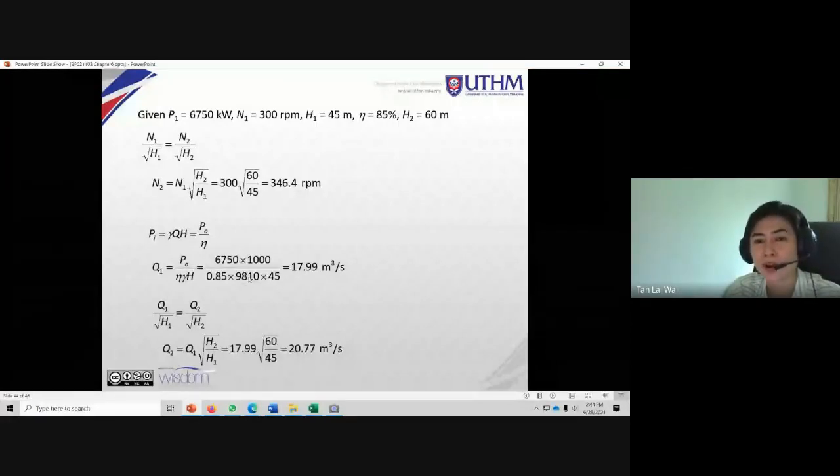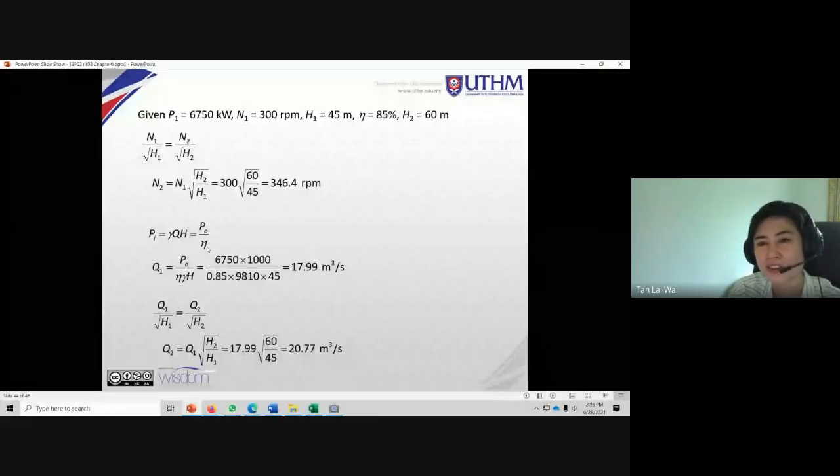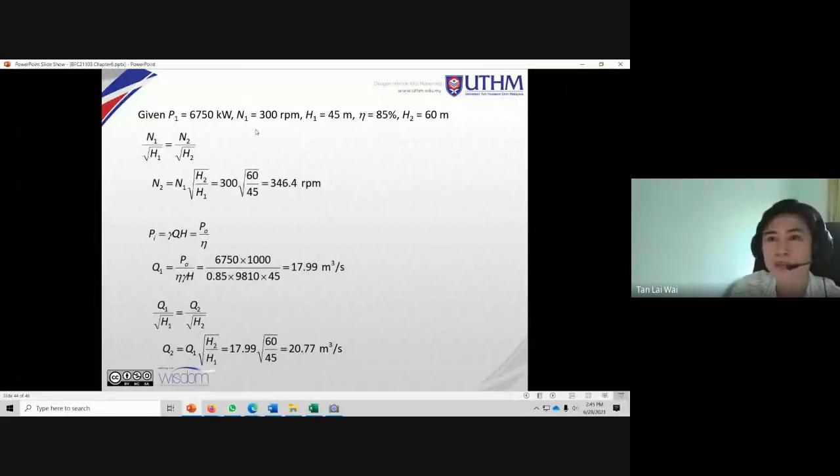So you are going to get the discharge for turbine 1, because all these values are turbine 1 values. So discharge is 17.99. There are cases like this, they give you output power and efficiency, but the only thing that you need to find is discharge, because there's no discharge provided, but using this and this you can get your discharge.